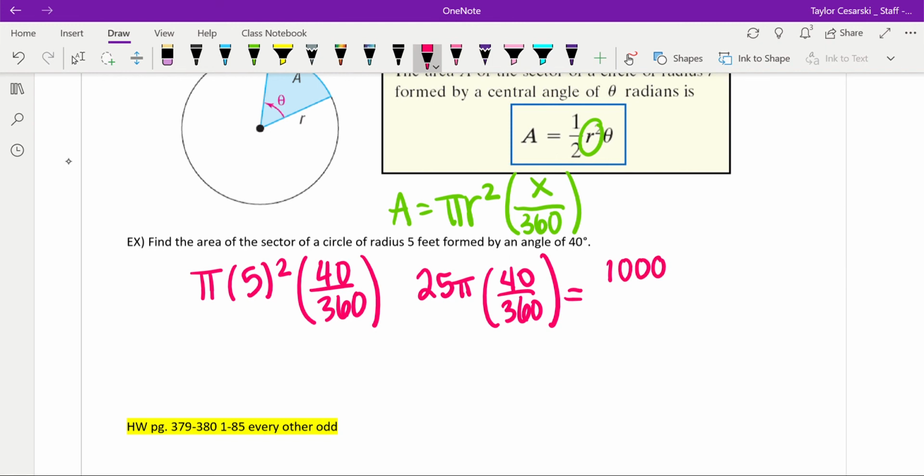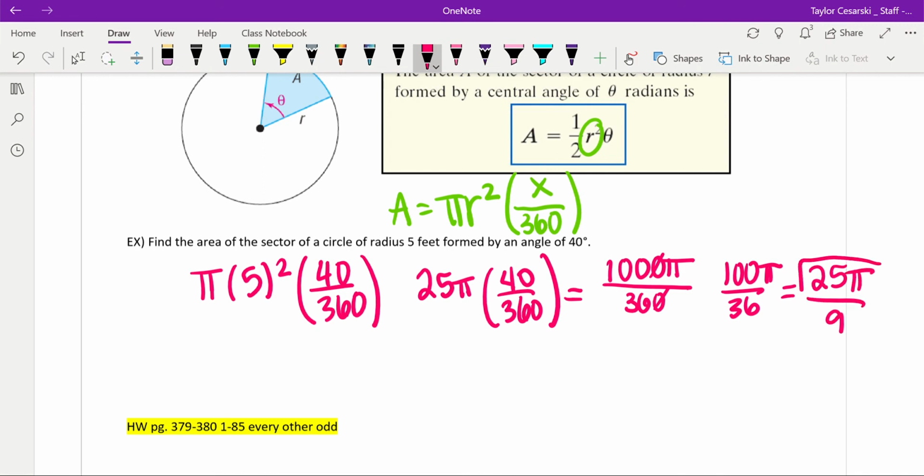So 100 pi over 36. And let's see, what can I divide both by? I can divide both by 4. So 25 pi over 9. So 25 pi over 9 would be your final answer.